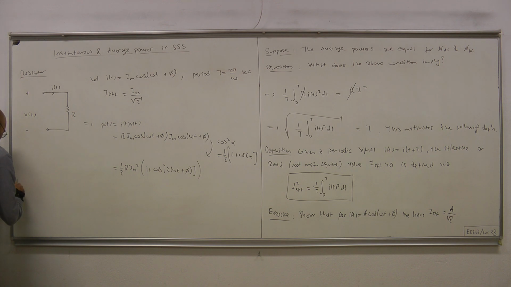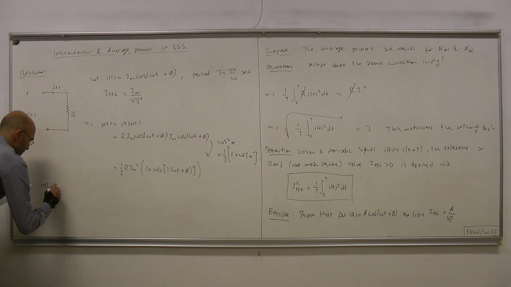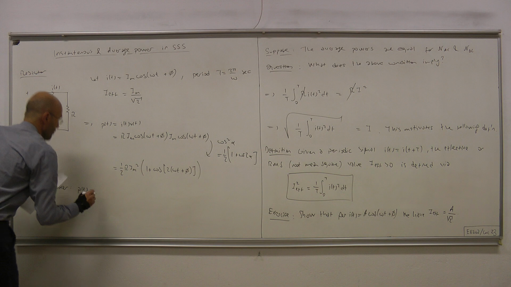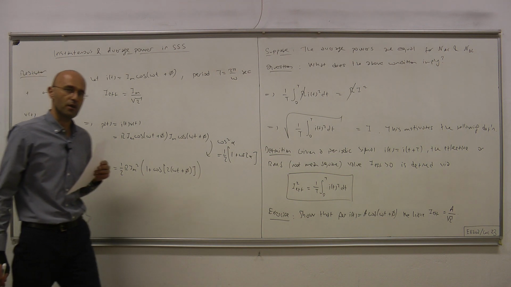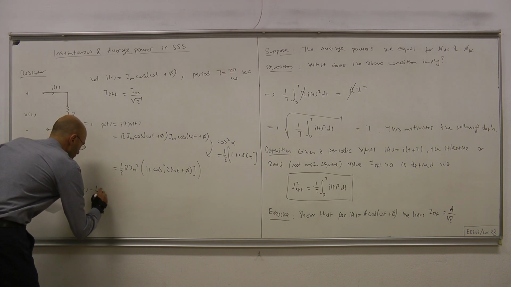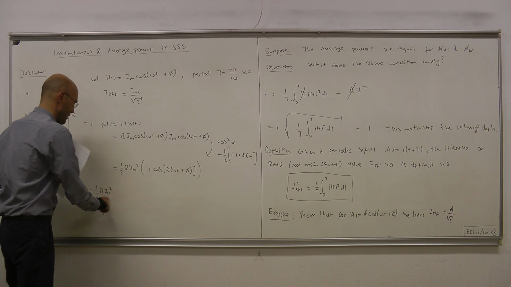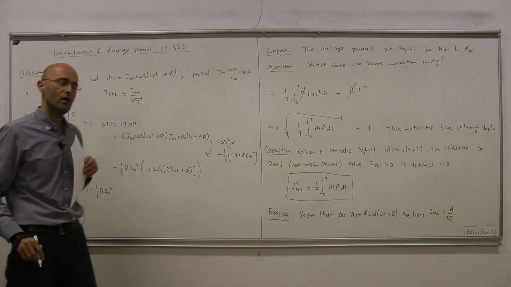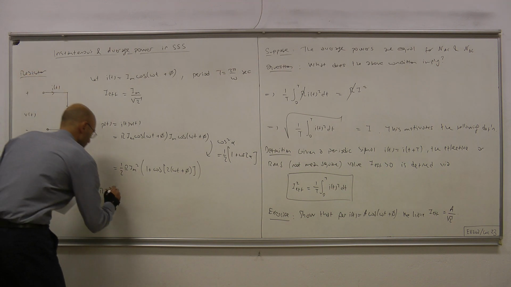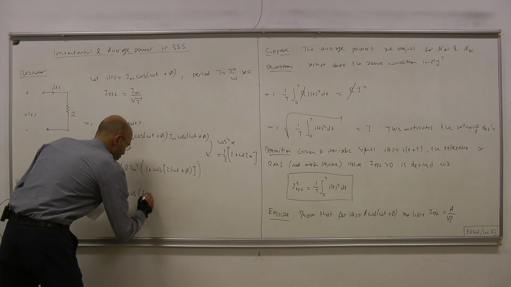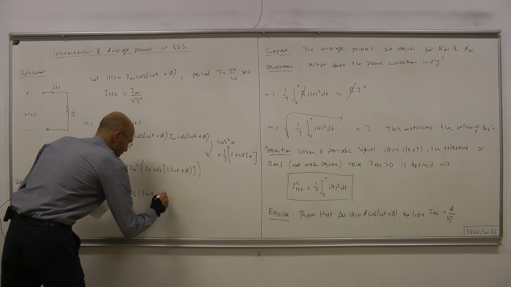So let's therefore put it here once again. Instantaneous power for this resistor, that's part of a circuit in sinusoidal steady state, equals 1/2 R Im square, Im being the magnitude or the amplitude of the current passing through our component. Then we have 1 plus cosine 2 omega t plus 2 phi.